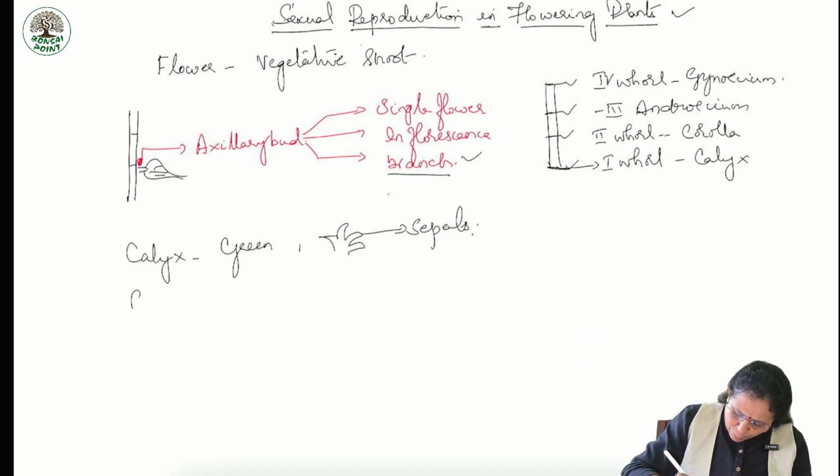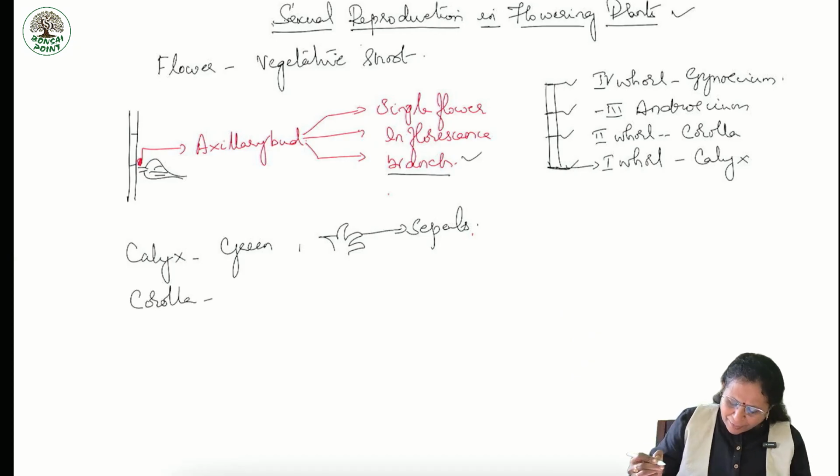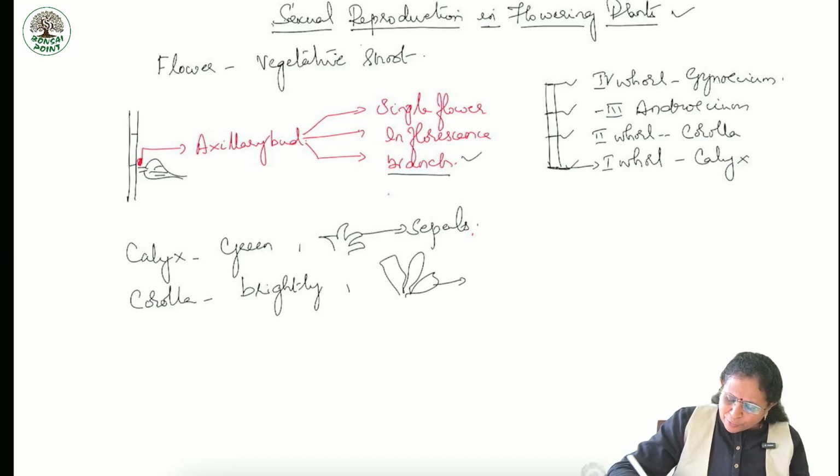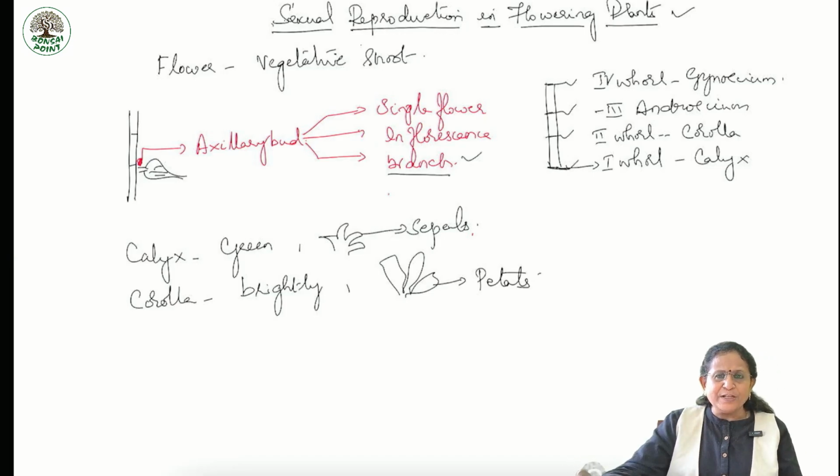So also we have corolla. It is brightly colored and the units of corolla are said to be petals. So what are the individual units of corolla called? Petals. In other words, collection of petals forms the second whorl, that is corolla.